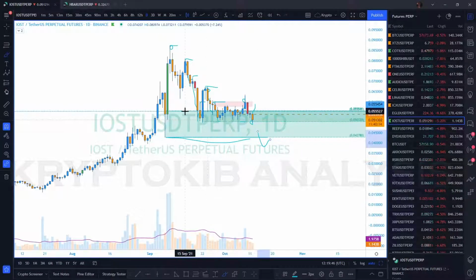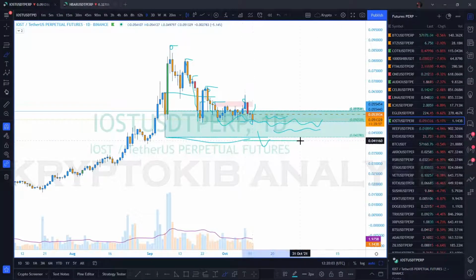If you choose to enter at this point or at this point, your stop should be below the invalidation low. So whatever happens inside of either the smaller zone or the bigger zone, your stop should be below this. It is when price takes out these lows that, yes, the movement becomes bearish.